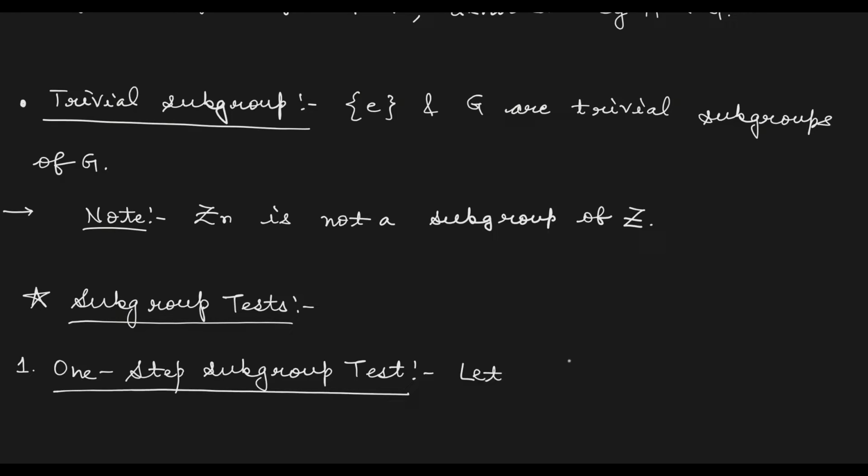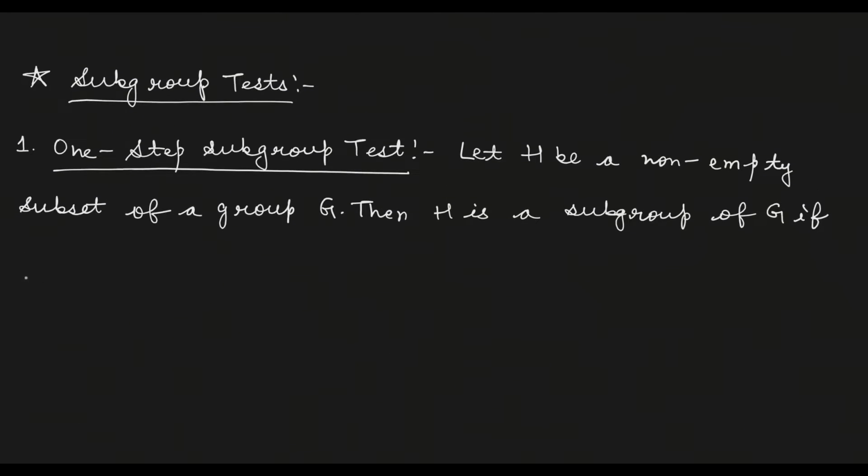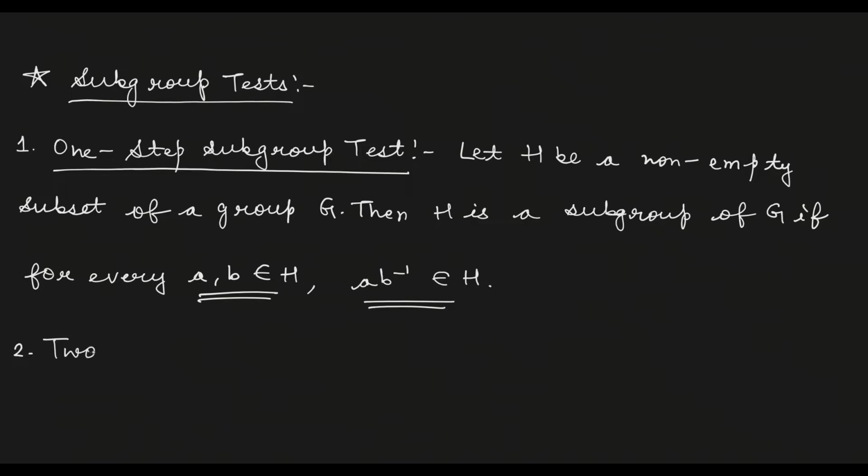Let H be a non-empty subset of a group G, then H is a subgroup of G if for every a, b belongs to H, a b inverse belongs to H. Means I am taking two elements from this subgroup H, and if a b inverse belongs to H, then H is a subgroup of G.